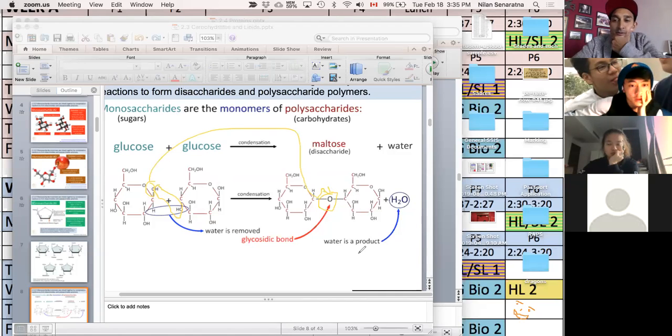Wouldn't that be the same thing? No, because this H is actually attached to the O. It has to come off of this OH, off the edge.